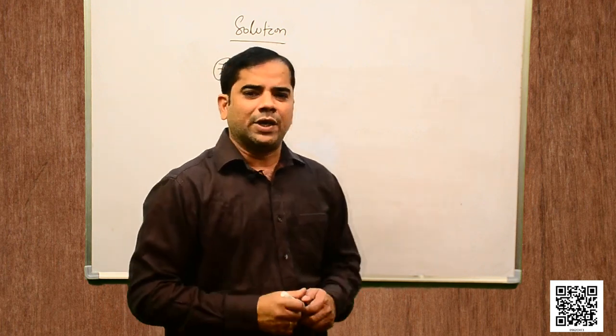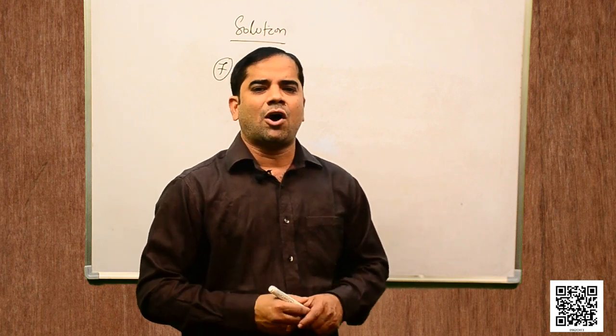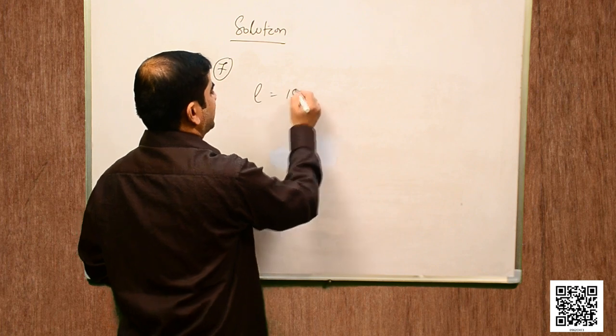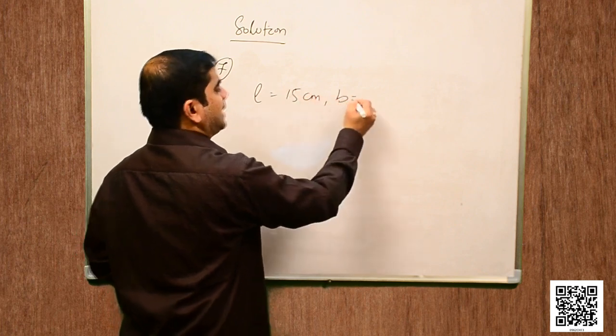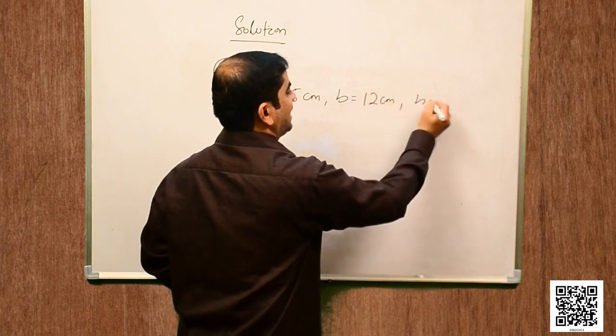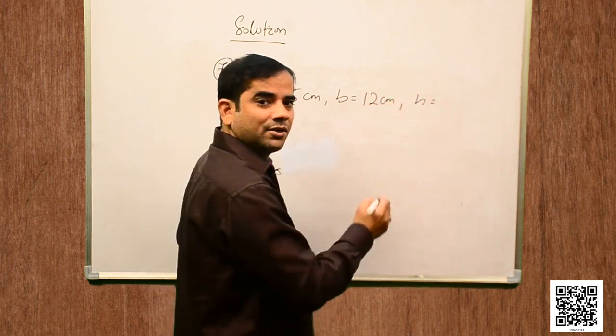Let us now find out the total surface area of the smaller box. Students, the dimensions of the smaller box: length is equal to 15 centimeter, breadth is equal to 12 centimeter and height is equal to 5 centimeter.